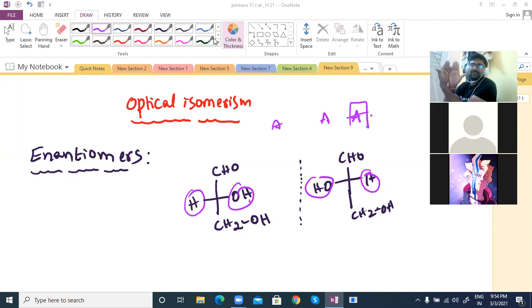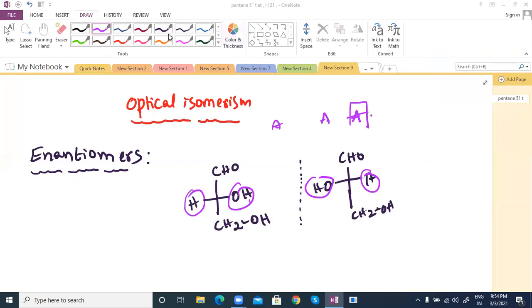This is mirror image looking. So you have to keep them as they are, and then all the fingers are not matching. That is the non-superimposable nature. The molecule which shows non-superimposable nature is optically active, and those are enantiomers. Everything is the same except the rotation of plane polarized light.